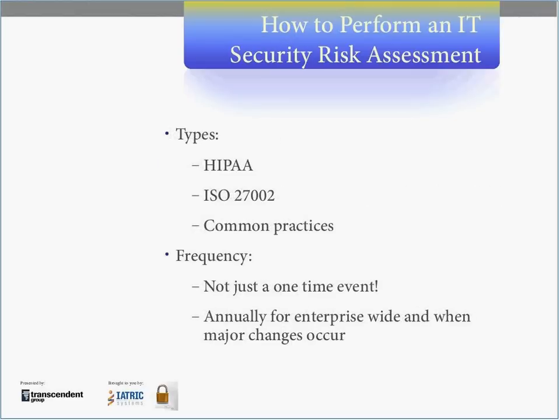The other important aspect from a scope standpoint is what type of IT security risk assessment. Are we only performing an IT security risk assessment to meet regulatory requirements? So, for example, the HIPAA requirements, which mainly address EPHI, electronic protected health information.